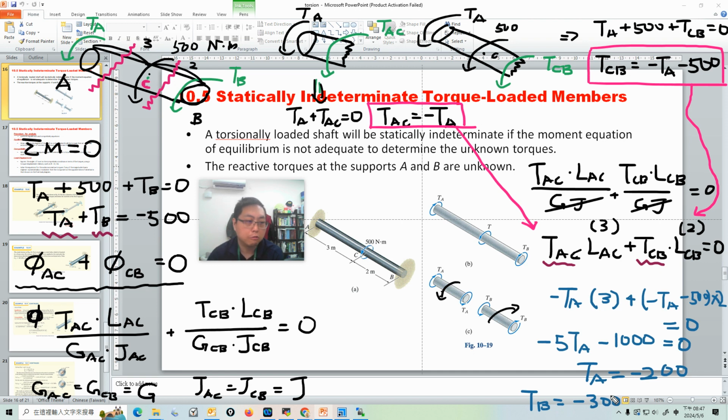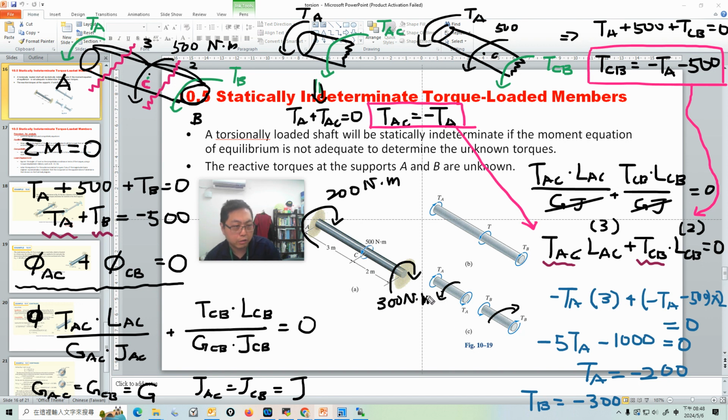We assumed T_A and T_B are both counterclockwise, but we got negative values, so that means the real direction of the torque is clockwise, and T_A is 200 Newton meters, and T_B is 300 Newton meters.